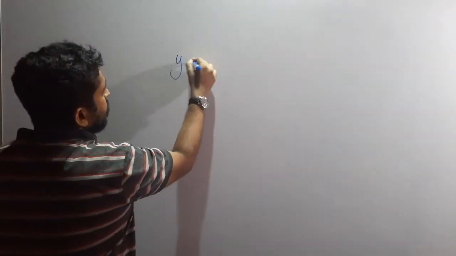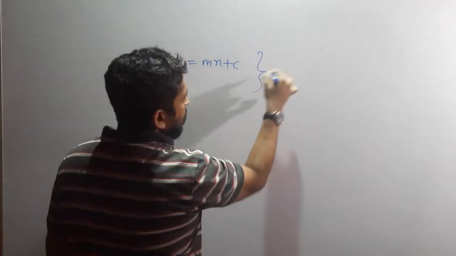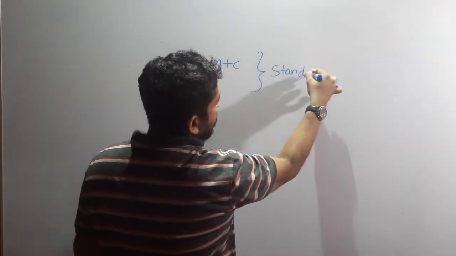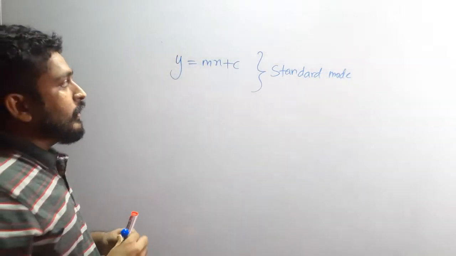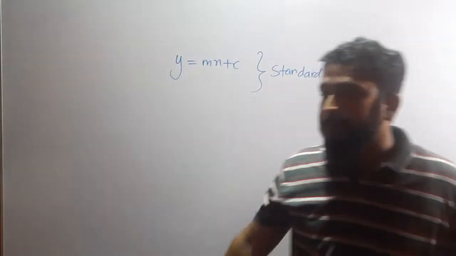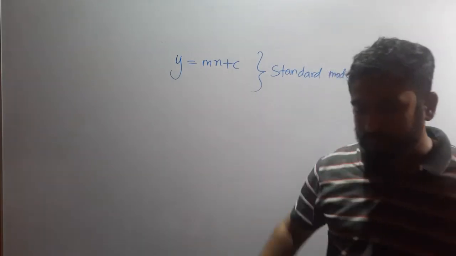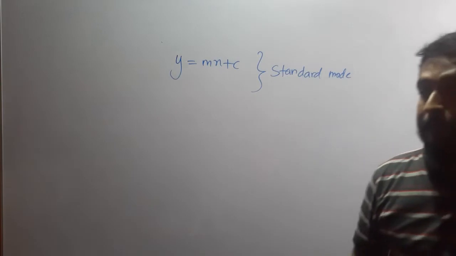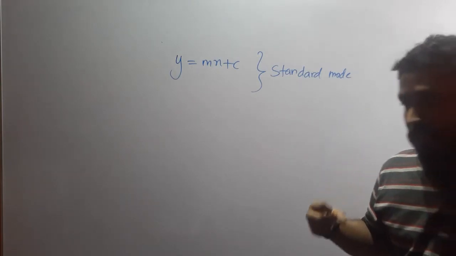So what is the standard form of a straight line? It is y equals mx plus c, or ax plus b. So this is the standard form. What does m stand for?